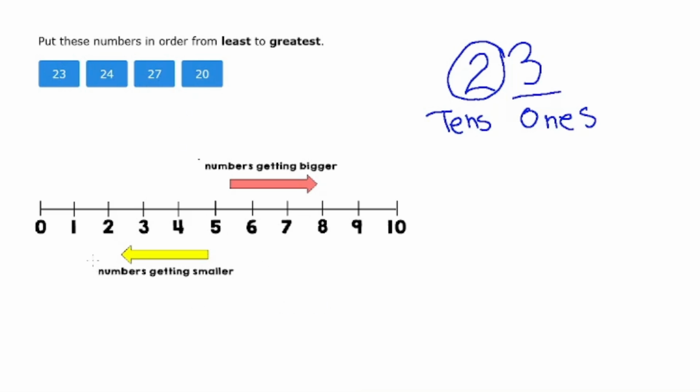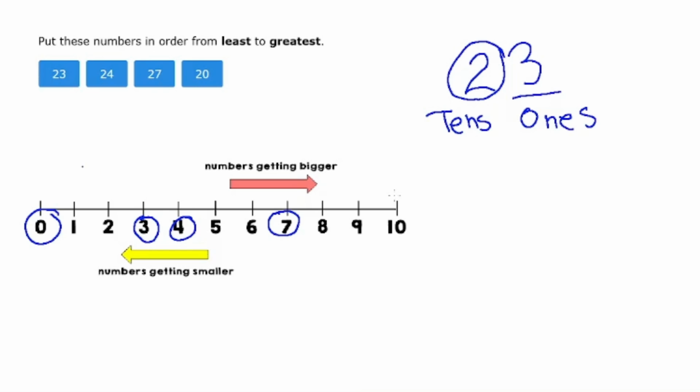So let me circle them. So here's the 0, here's the 3, here's the 4, and here's the 7. So then it becomes simple. We know the smallest number is 0, so we know 20 is going to be the least.